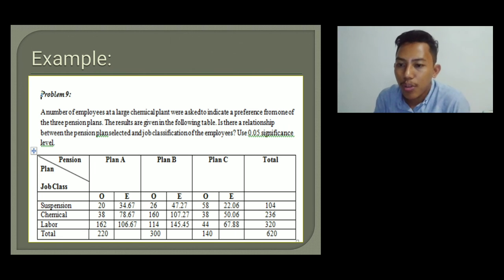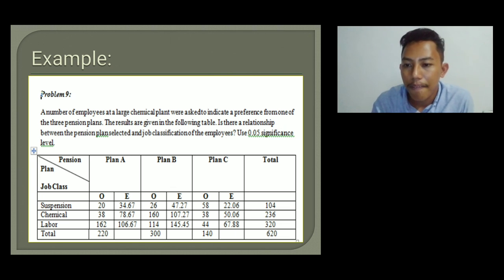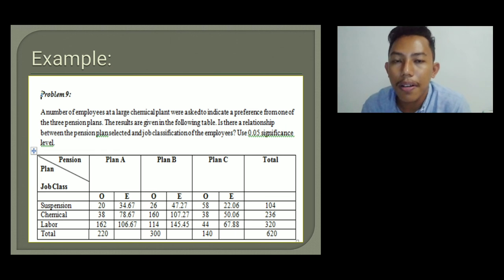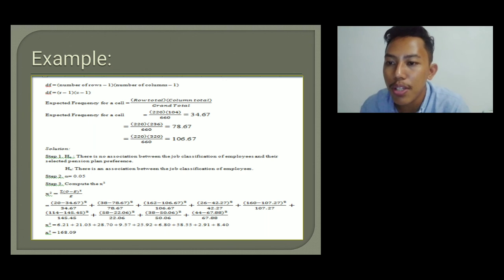In plan A, 20, our E is 34.67. Then next, our DF is the number of rows minus 1 times the number of columns minus 1. So DF is equal to R minus 1 times C minus 1.